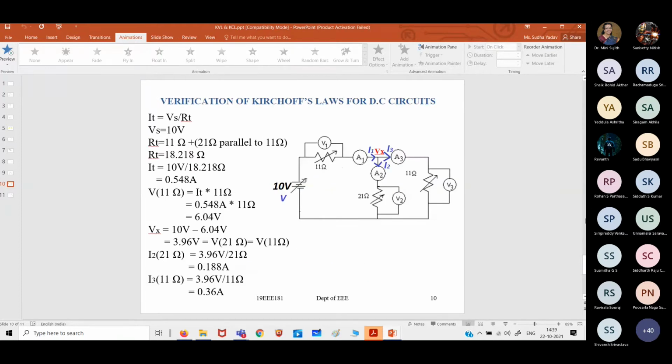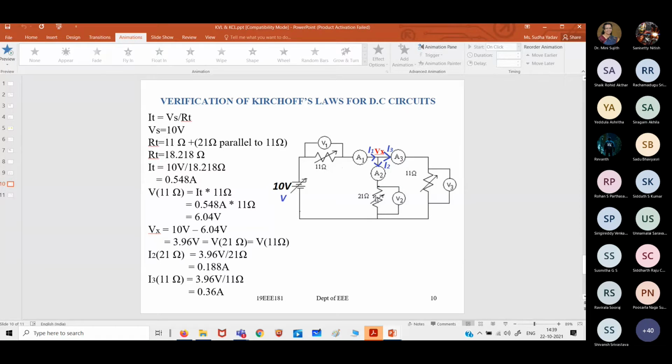Okay, these are the calculations. You can see what is my total value of the current, 0.548, right? 0.548, which means that will be the current through the 11 ohm resistor. My A1 will read 0.548.